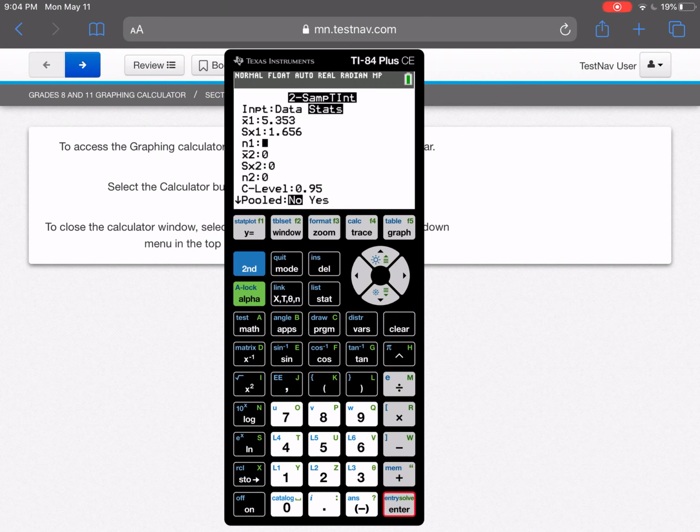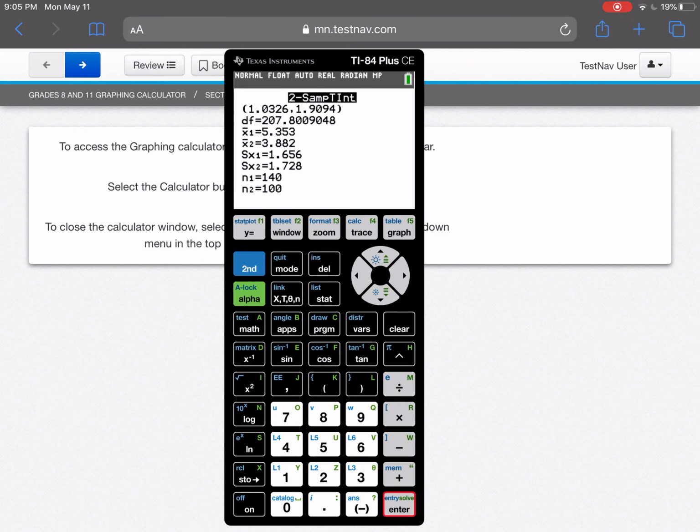1.656, n1 was the 140, x bar 2, 3.882, s2 1.728, n2 is 100. Confidence level 95%, so 0.95. Pooled, just always keep that as no, and then go ahead and hit calculate. So you can see here our interval is just about the same as what we calculated.